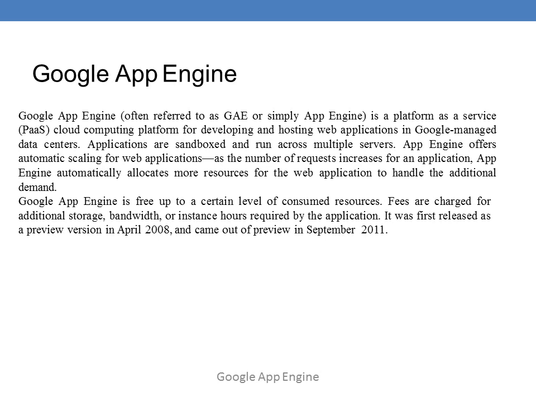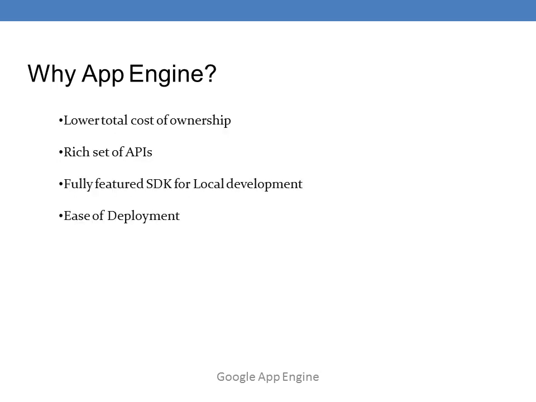Google App Engine is free up to a certain level of consumed resources. Fees are charged for additional storage, bandwidth, or instance hours required by the application. It was first released as a preview version in April 2008 and came out of preview in September 2011.